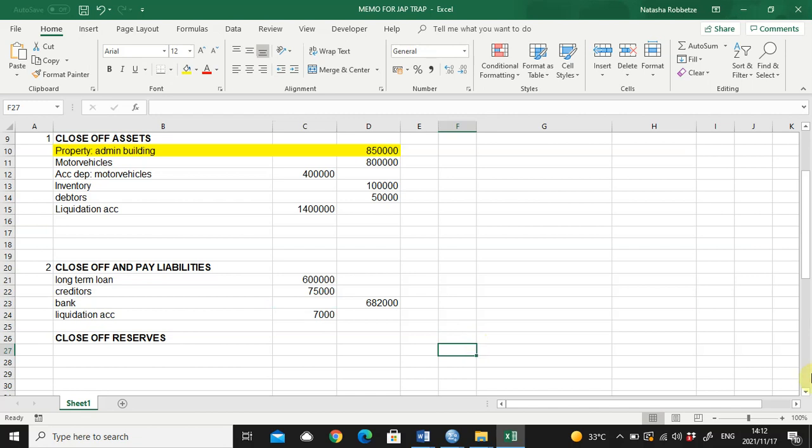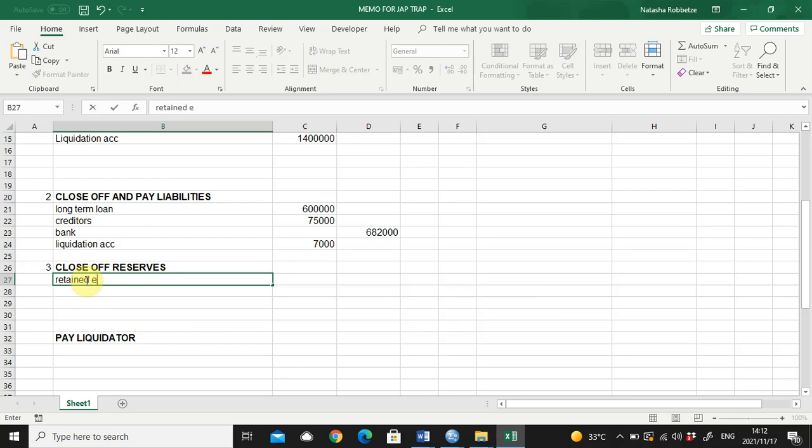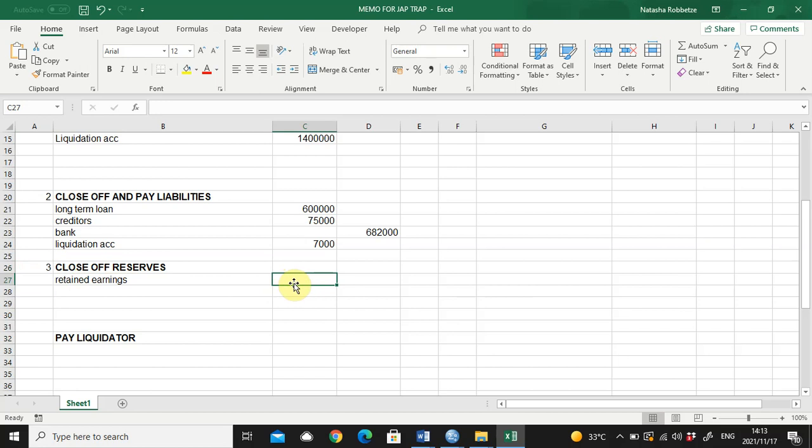Right, moving on to step number 3. In step number 3, we need to close off our reserves. So I'm going to close off my retained earnings. That's quite easy. But we need to pay attention to the revaluation reserve.